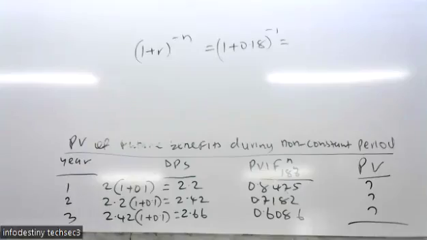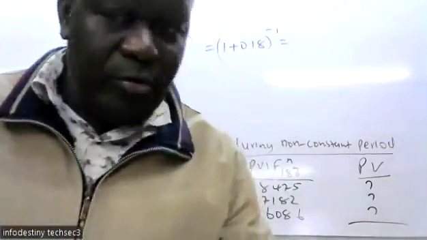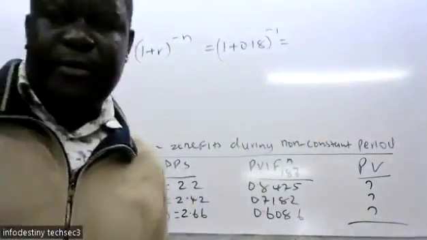So after that, you now also compute the present value of the future benefits during the constant period.